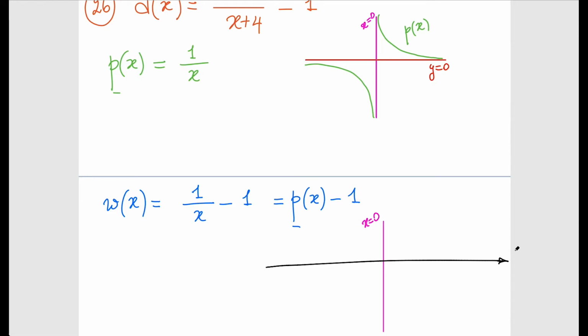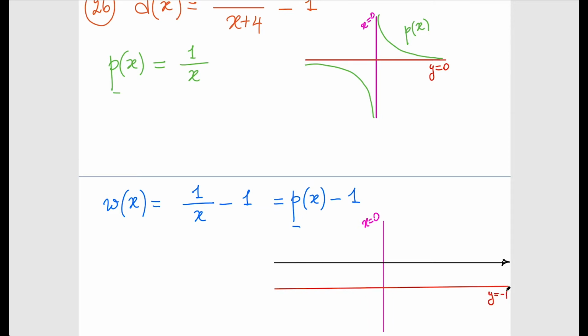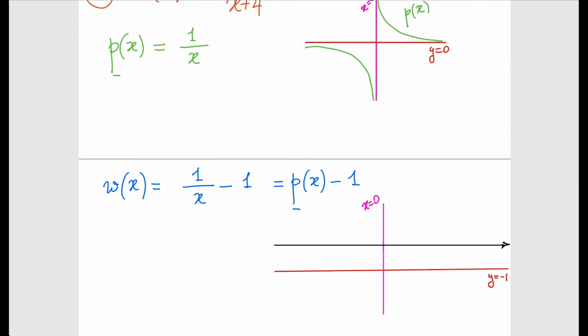Let me erase it again. That horizontal axis is not a controlling line, because the controlling line now is at the level -1. I'm shifting down by 1. So that red line now is at this depth, y equals -1. And I'm shifting everything down by 1, so the green function now is blue, and it happens to be like this.